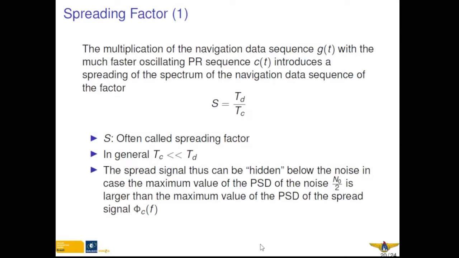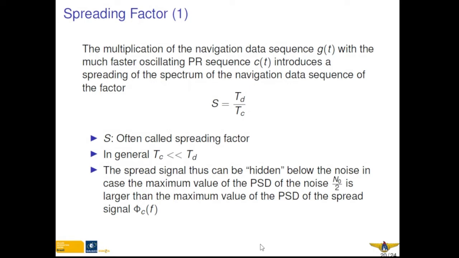This spreading factor is the period of the spreading sequence divided by the duration of the chip shape. And in general, Tc is much, much smaller than Td. So we have Tc in nanoseconds, for example, and Td in milliseconds, for example, in GNSS a lot.